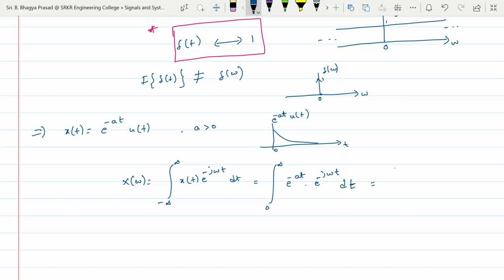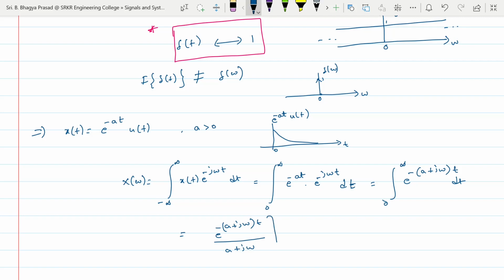This will be the integral from 0 to infinity of e power minus (a plus j omega) t. So this gives the expression as e power minus (a plus j omega) t divided by (a plus j omega).